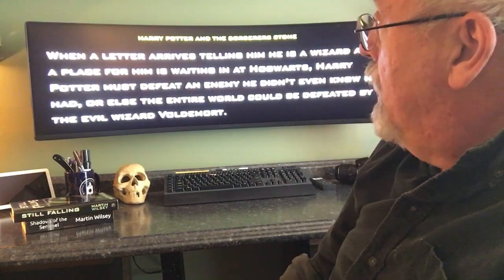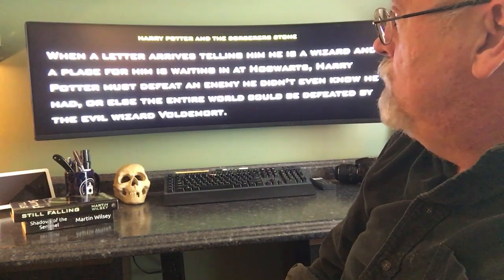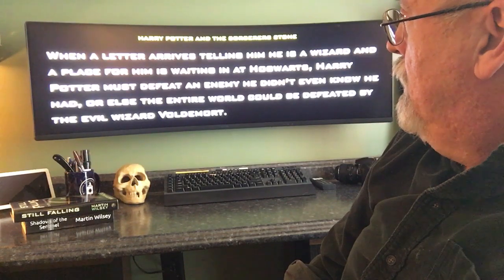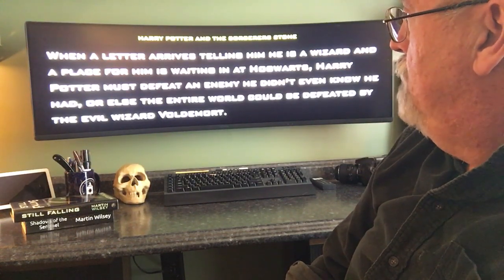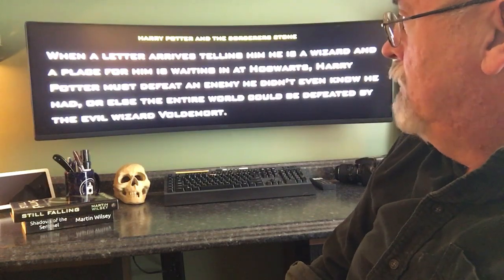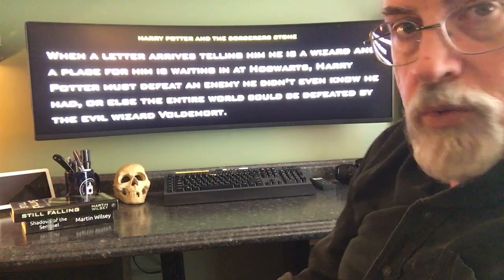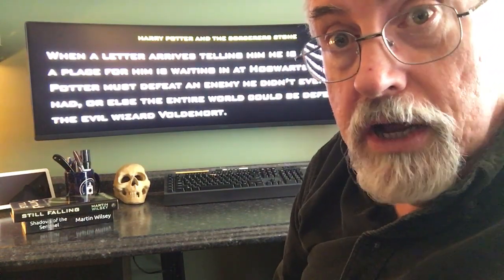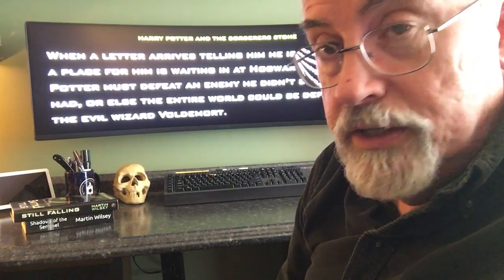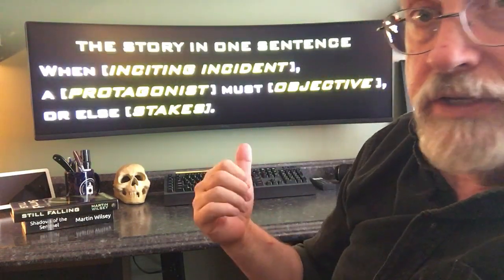When a letter arrives telling him he is a wizard and a place for him is waiting in Hogwarts, Harry Potter must defeat an enemy he didn't even know he had, or else the entire world could be defeated by the evil wizard Voldemort. That basically describes the first book of this series in a single sentence, and it fits the structure of this sentence.